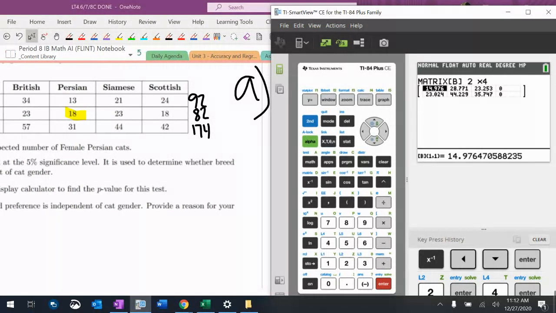Okay, so now we got to do some work here. So 92 times 57 divided by 174.